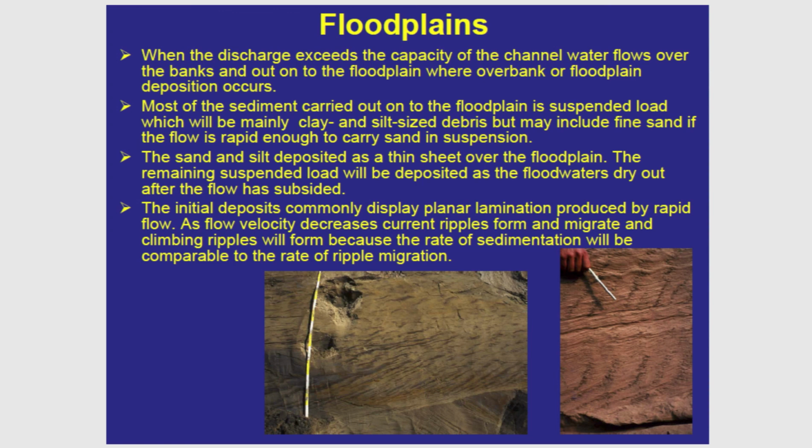So if we conclude this lecture, we look at the flood plains. So you have beautiful examples here of climbing ripples at the bottom that give you an indication of the energy of this environment. So we reduce the grain size.